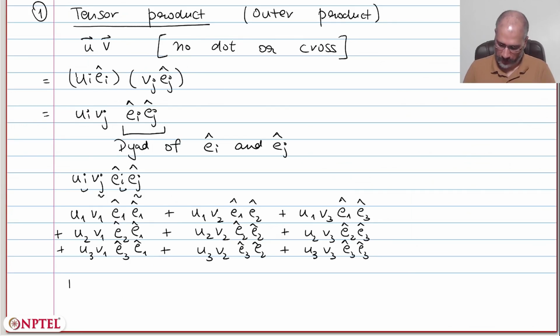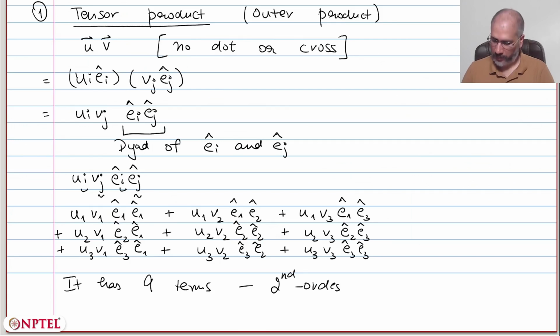So this has 9 mathematical terms in the expression, which gives us a hint that this is a second order tensor which has 3 to the power of 2 terms in it.